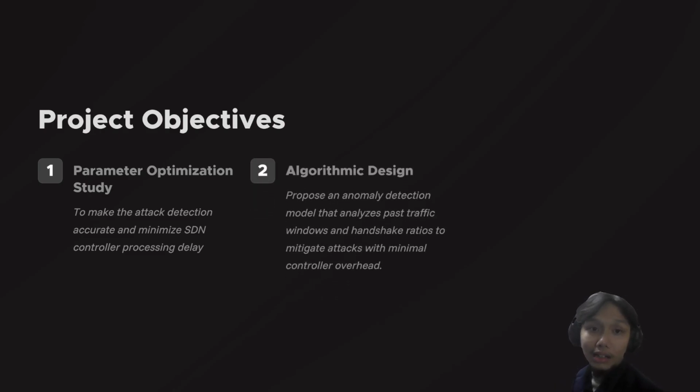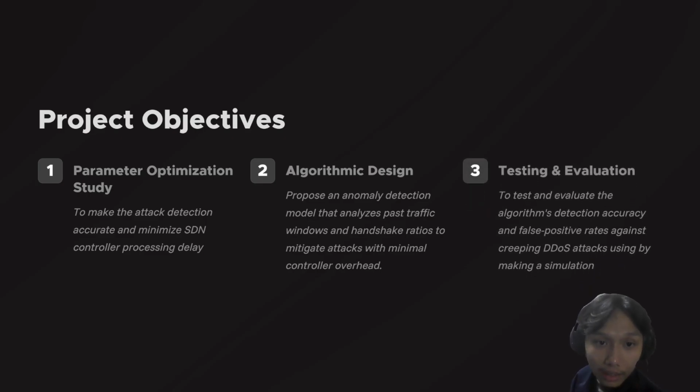And then the algorithmic design, which is to propose a TCP SYN detection model that analyzes past traffic, which I will explain later, and the handshake ratio, which mitigates attacks with minimal controller overhead. And the third one is testing and evaluation, where we will test this research using a real life dataset, simulated in an environment.